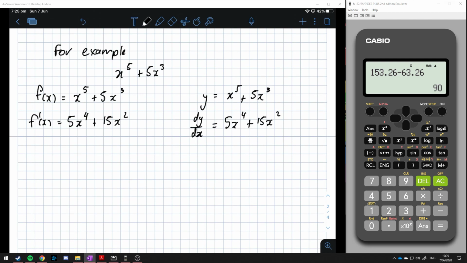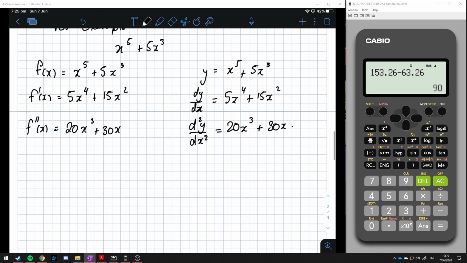Now, the second derivative of this, f double dash of x, is equal to, taking the 4 down to the front, 20x to the power of 3 plus 30x. Using the new notation, d squared y over dx squared is equal to 20x to the power of 3 plus 30x. Then this process can be repeated indefinitely to find third and higher derivatives.